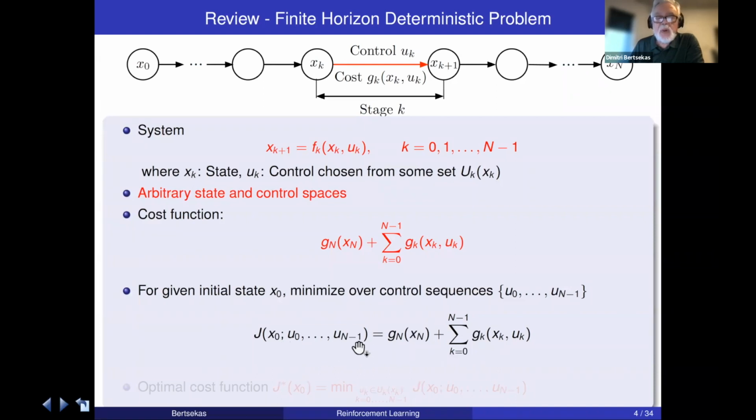So this is the expression for the cost corresponding to state x0 and the sequence of controls u0 to un minus 1. And the optimal cost function is obtained as the minimum over the controls of this expression, and it's a function of x0. We denote it by J star. So this is the optimal cost function of the problem as a function of the initial state.